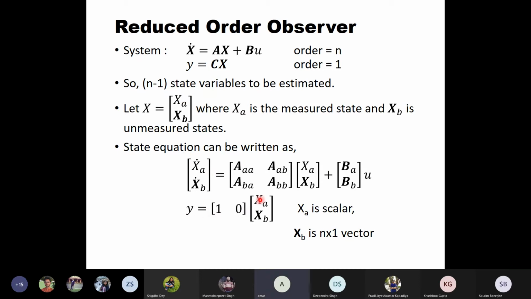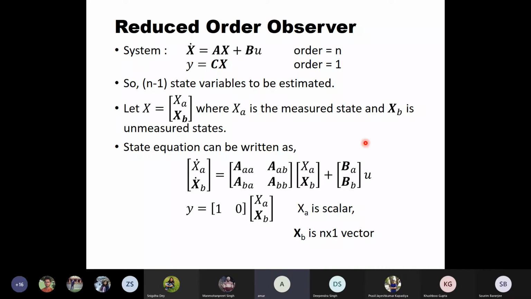And y will be 1, 0 times xa, xb, because xa is the state which I have measured and xb are the states which are not measured. That means y will be equal to xa. So here xa will be a scalar because the order of y is 1. Xa will be a scalar and xb will be an n minus 1 by 1 vector.